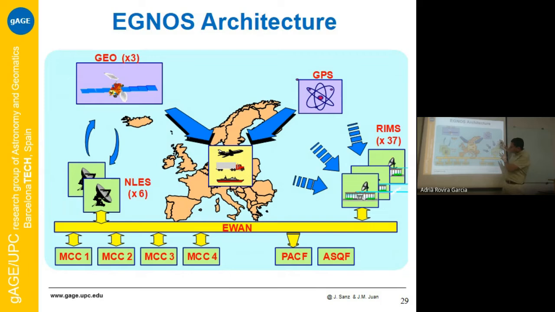All of this data is sent to some centers, these master control centers, that process it and generate this correction. And then we uplink these corrections with these big antennas to the geostationary satellites that are orbiting the Earth at 40,000 kilometers.